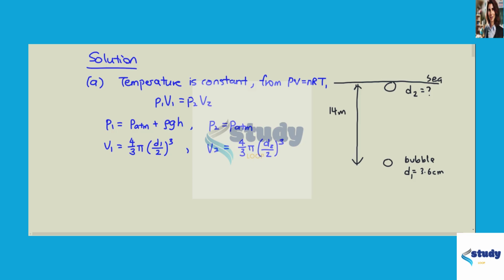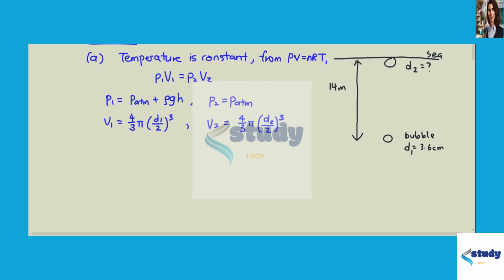Now we can put them together. So we have (atmospheric pressure plus rho gh) times 4/3 pi (d1/2) cubed equal to atmospheric pressure times 4/3 pi (d2/2) cubed.